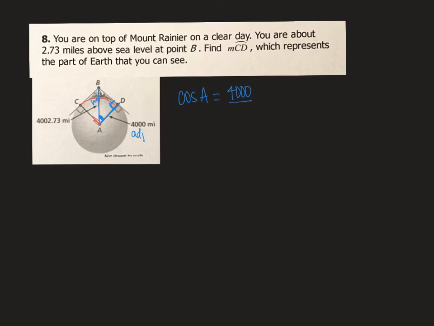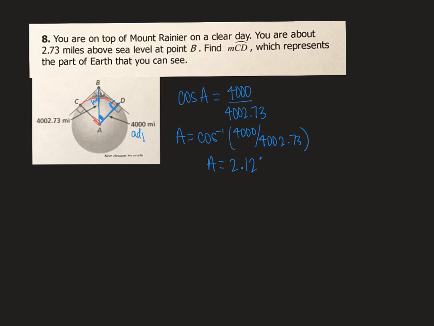So the cosine of that angle is going to be 4,000 over 4,002.73. So to find angle A, we're going to do that inverse cosine. So in our calculator, we're going to do second cosine of 4,000 divided by 4,002.73, which gives us an angle of about 2.12.